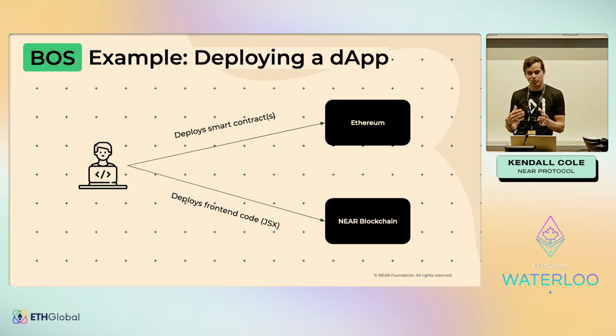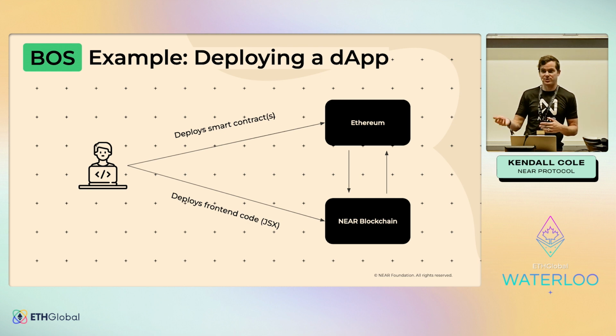You'll make a component for your dApp that you will deploy to the Near blockchain, and then users will be able to access that interface, conduct some actions that will then result in a transaction, and then they can send that transaction to Ethereum, which means they're interacting with two different blockchains in one experience. They don't necessarily know that. All they care about is accomplishing their goals.